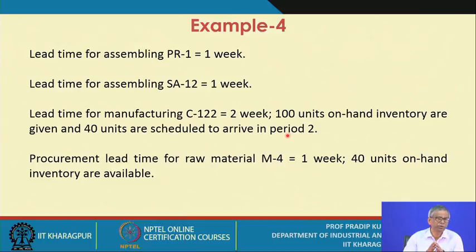That means at time t equals 0, this is the scenario. So, when the entire plan will be made. Procurement lead time for raw material M4 is 1 week and 40 units of on-hand inventory are available for this material. So, this is the present status at time t equals 0.